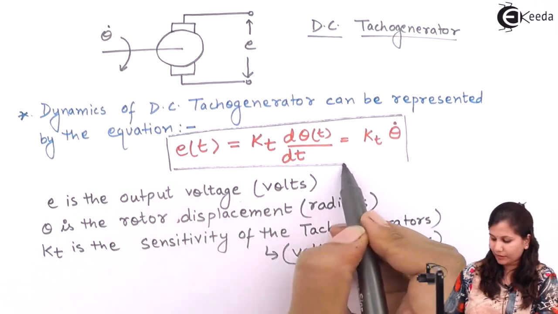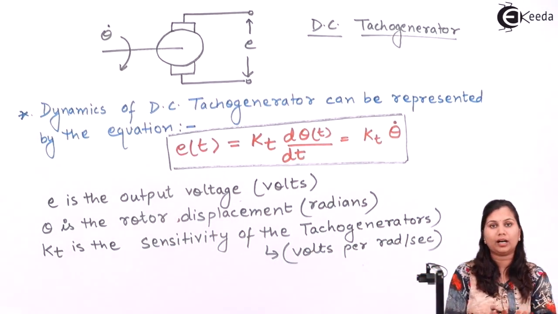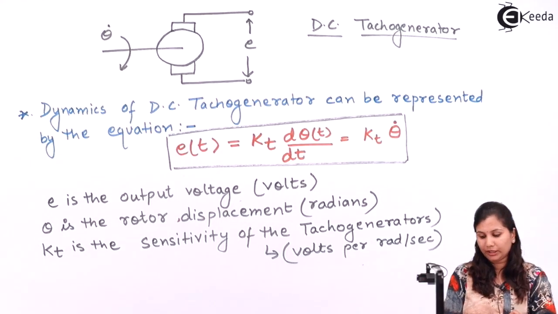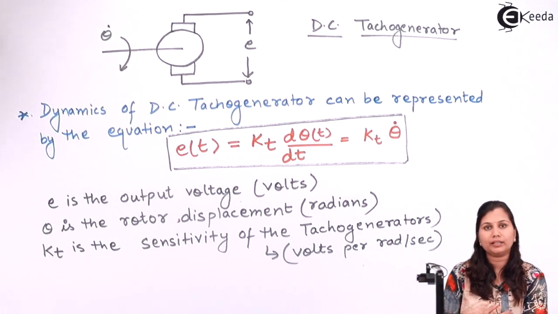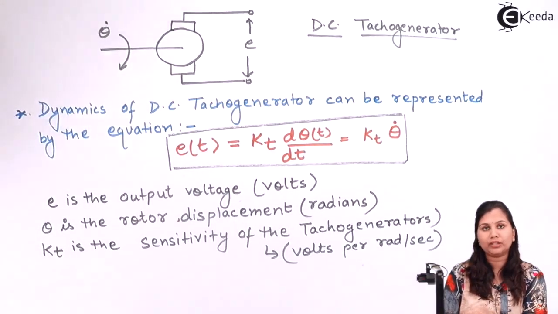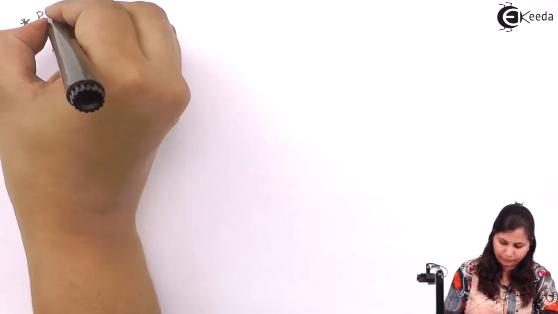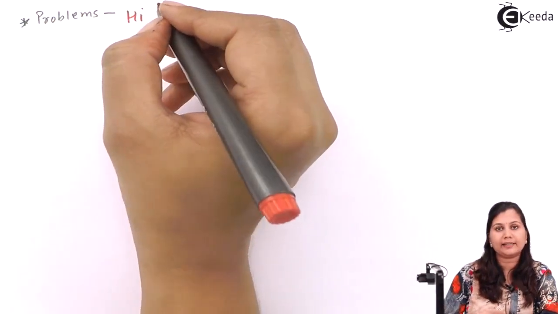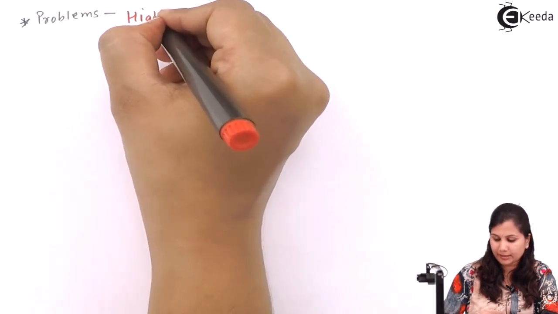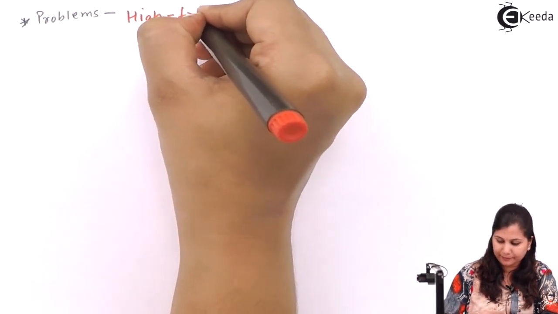Dynamics means it is giving us the relationship between the output and the input of the tacho generator. Now, what are the problems which we encounter during the use of these tacho generators? First problem is that high frequency ripple is generated in these generators.